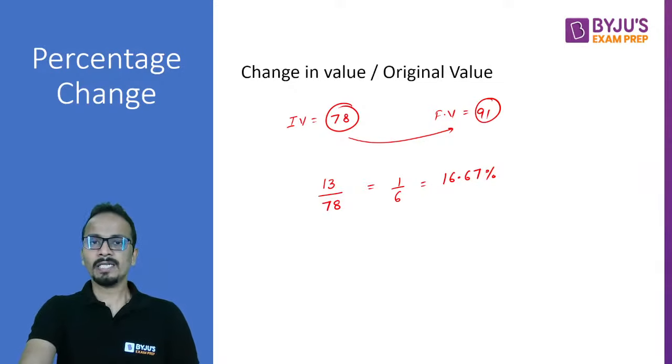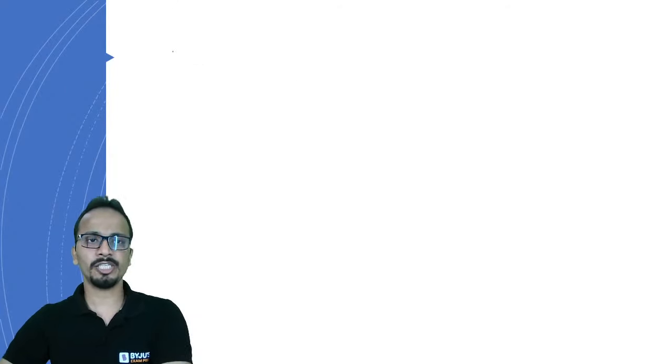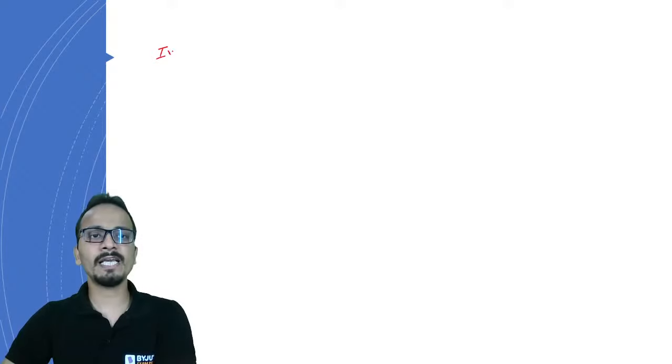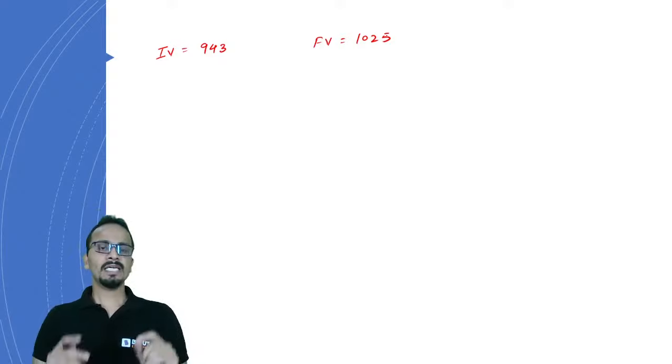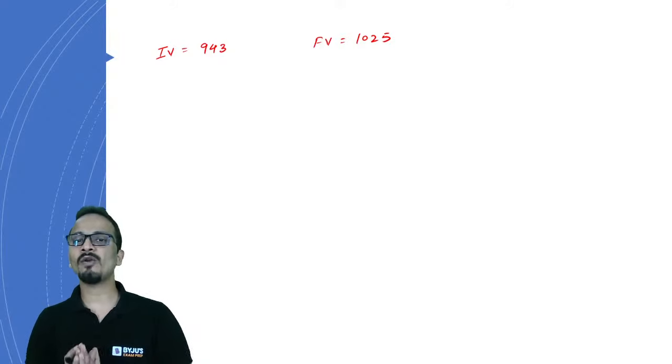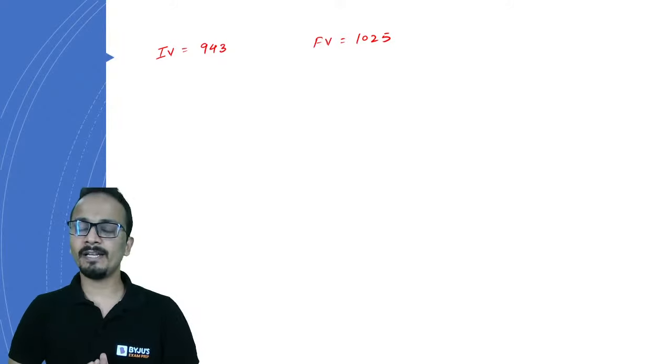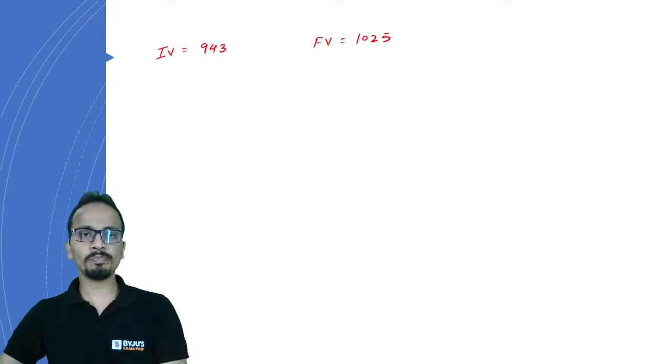Now let's have a look at certain more examples to find out the percentage change. Let's say initial value is 943 and the final value is 1025. I want to find out percentage change.